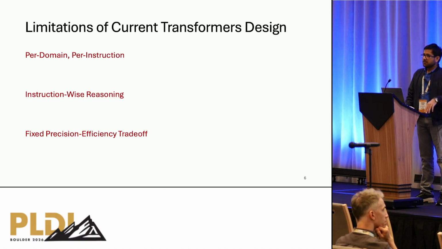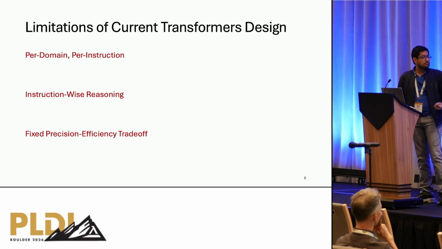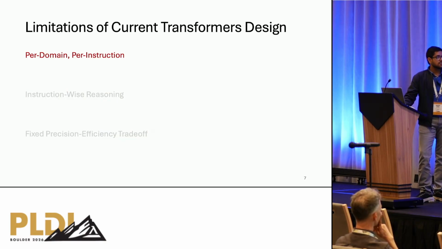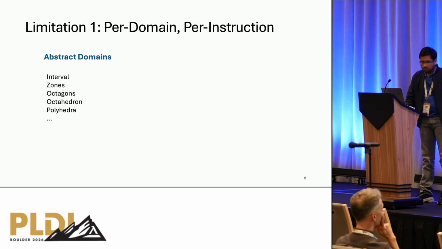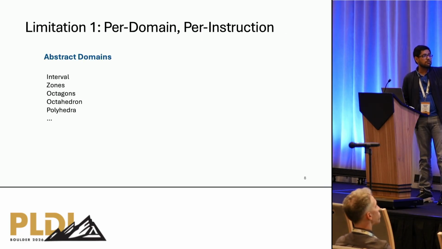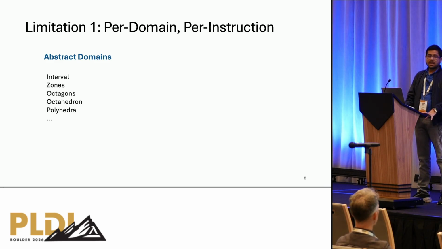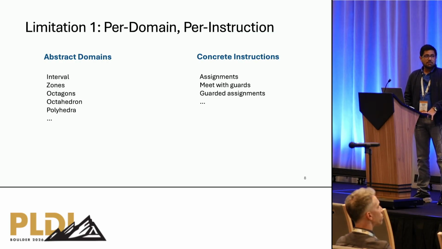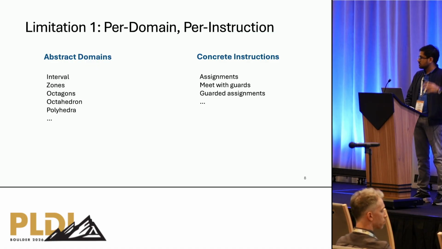We identify three inherent limitations of this design, and I'll go through them one by one. First, the current transformers are per domain and per instruction. What do I mean by that? There are, as we saw, many abstract domains. We just saw three, but there are many more. At the same time, there are many concrete instructions, for instance assignments, meet with guard, guarded assignments, and so on.